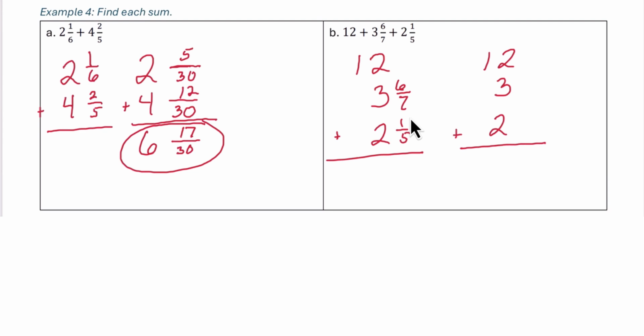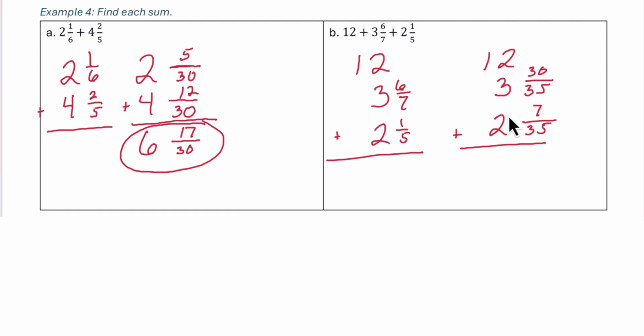The LCD of 7 and 5 is 35. 7 goes into 35 5 times. 5 times 6 is 30. 5 goes into 35 7 times. 7 times 1 is 7.